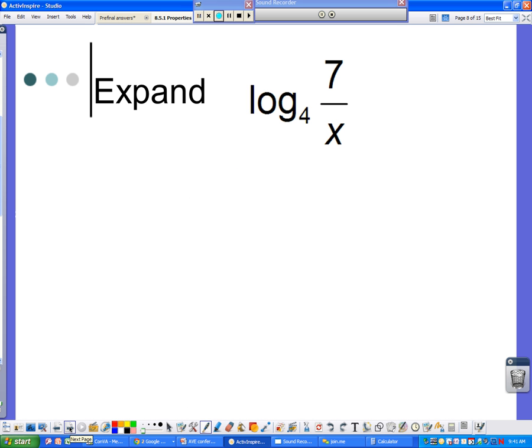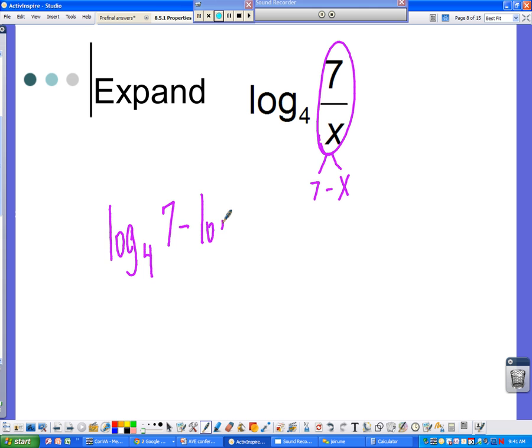Let's take a look at another example. If I gave you log base 4 of 7 over x, remember, this is what we're trying to bust up. Since it's a divide, we're dividing by the x, so it's just going to turn into a minus. You write it as several logs. So log base 4 of 7 minus log base 4 of x.